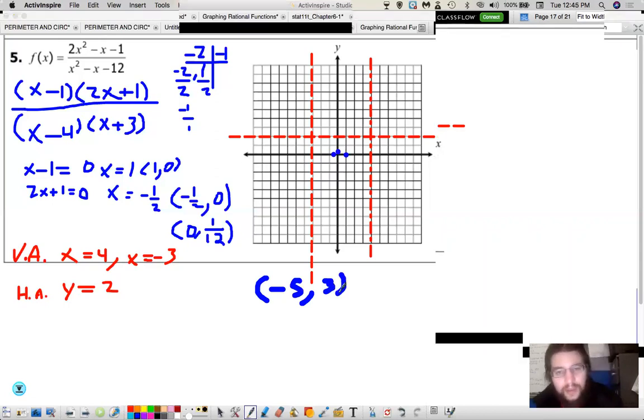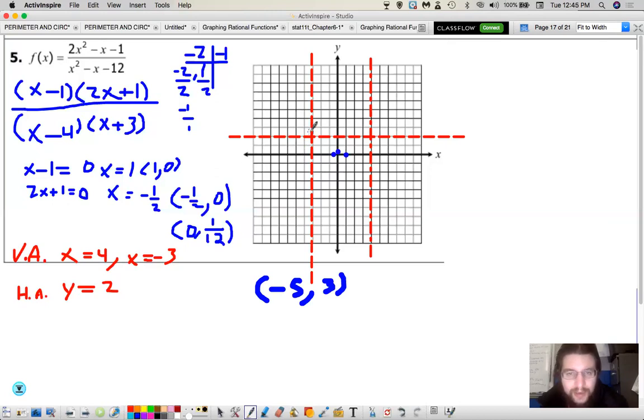So now I'm going to plot that, -5, 3. Yeah, about right there. Okay. Let me pick a number over here. We could do 5. You know, let's do 5.